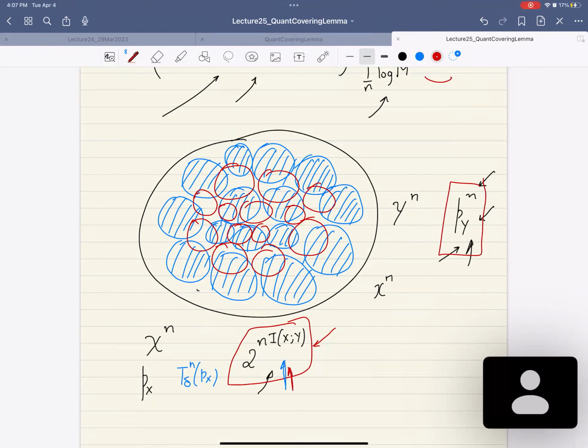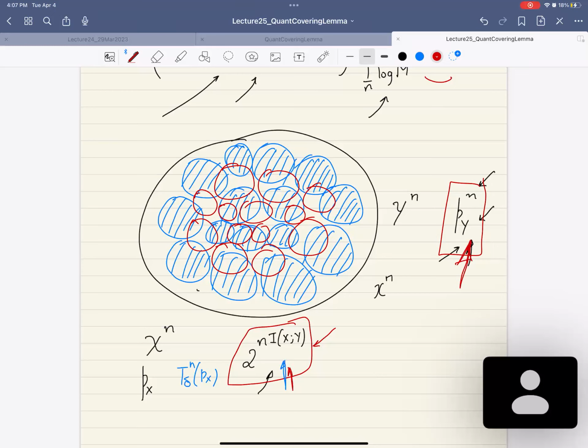Now the question is, if I have to simulate py, with all these blobs stamping on each other uniformly, if you mix all the conditional typical sets uniformly, you will get PYN, correct? Yes, exactly.